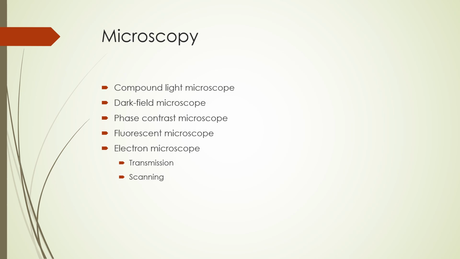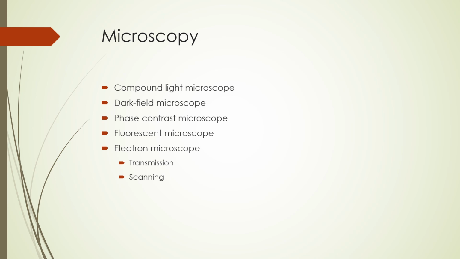An excellent way to preliminarily identify bacteria or fungi or even parasites is by using microscopy. We have several different types of microscopes in the clinical laboratory. We have a compound light microscope, that's also known as a bright field microscope. We have a dark field microscope that can be used to identify things like Treponema pallidum, which is syphilis, where we look for the light-colored spirochetes on a dark background.